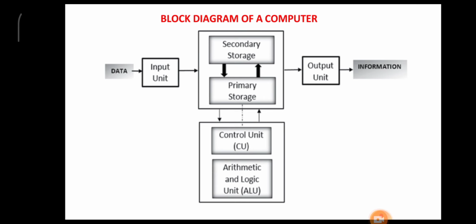So that addition is activated, and soon after that the result 5 is sent to the RAM, that is the primary storage, and soon after that it is flashed on to the output unit, which is nothing but the monitor. This is the block diagram of a computer. Hope this is clear to you.